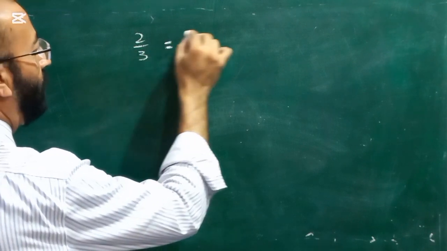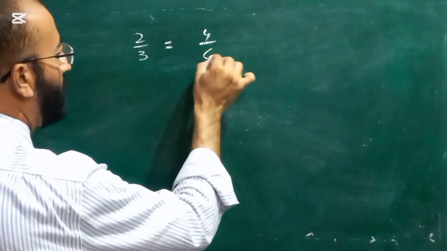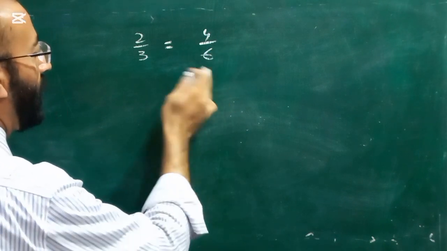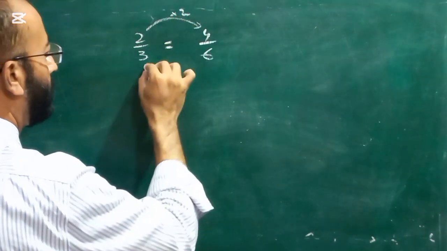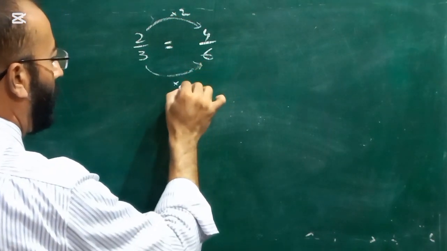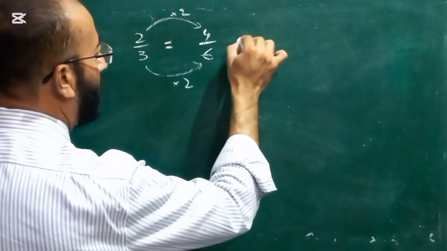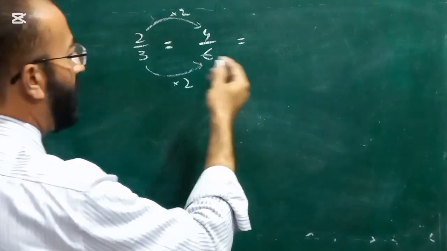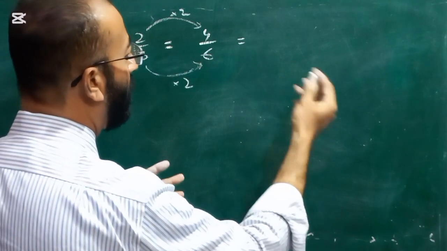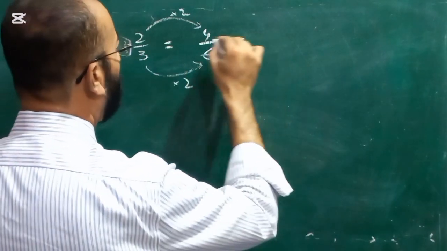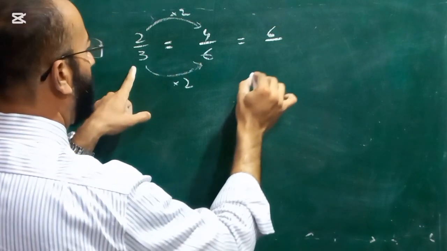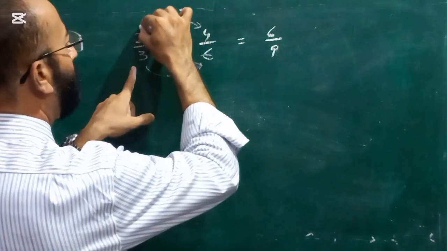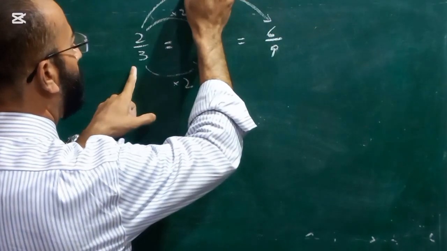So 4 over 6 may be one equivalent fraction because we multiplied by 2. And for the other you can multiply by 3 or 4 or 5. So for example, 2 3s are 6 and 3 3s are 9. Now you are multiplying with 3.